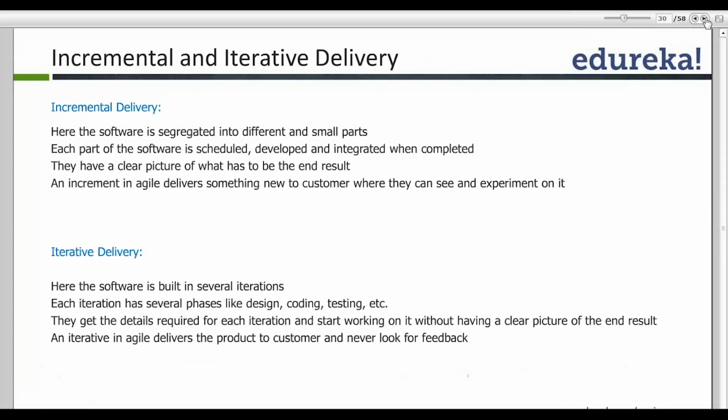What do we mean by incremental and iterative delivery? It's very important to understand these terms. Incremental means the product gets incremented as we move along. Let me take the example of a bank ATM.